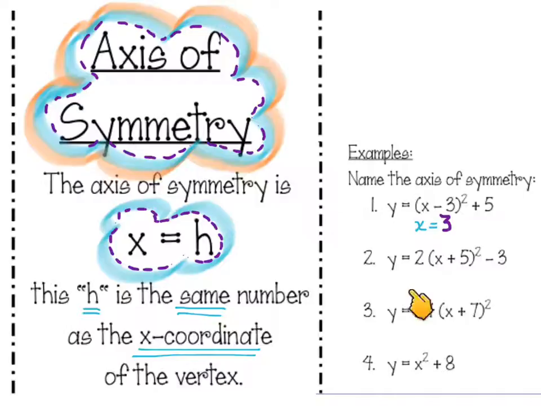In this next problem, again, that 2 has no role in the situation, and this time neither does the -3, so the answer is x equals -5. And then the next question, x equals 7. And finally, in number 4, remember there's this absence of parentheses in this problem, and so it's x equals 0.